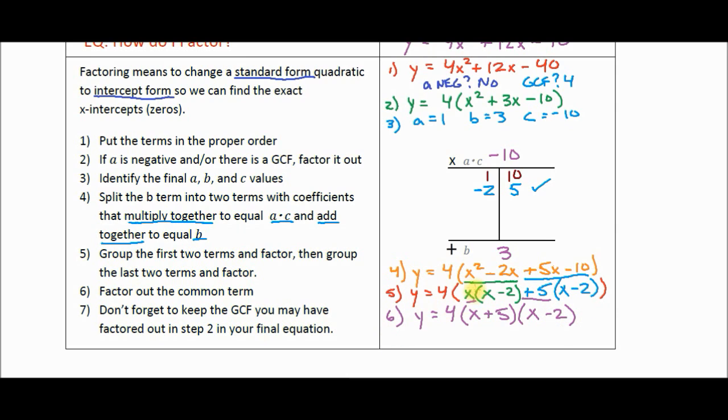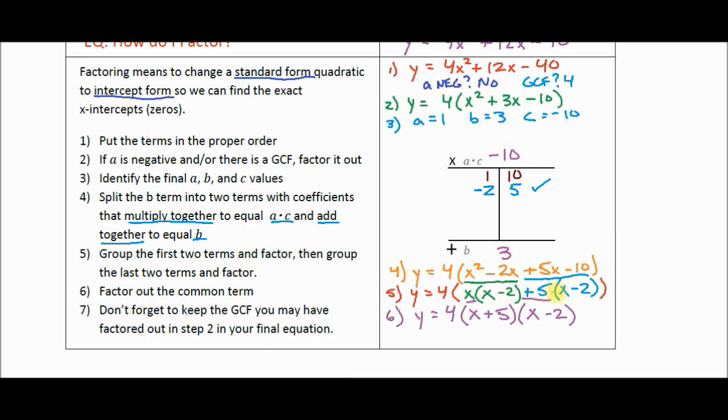And if you look, class, all we did was the opposite of what we've been learning in class before when we were combining or distributing polynomials. Instead of doing x times x minus 2 plus 5 times x minus 2, we just took what that looked like and we went the opposite way.